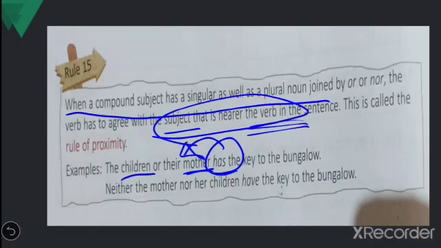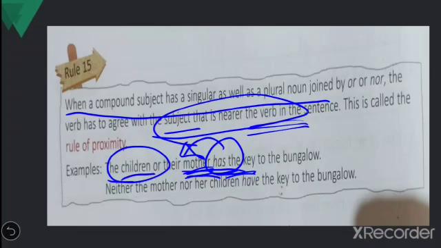Which is nearer to has? Mother. So according to mother, has will come. So don't look at the children as a plural form of noun. Here you have to see the nearer subject, and here the nearer subject is mother. So according to mother, has will come, singular verb.